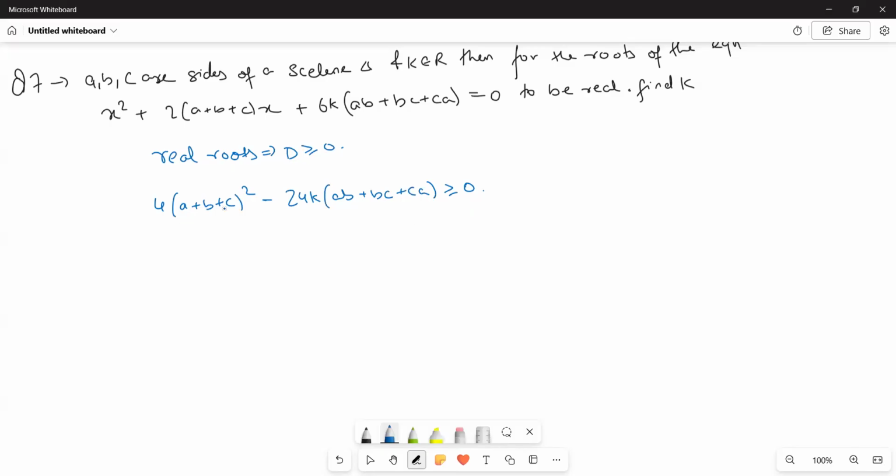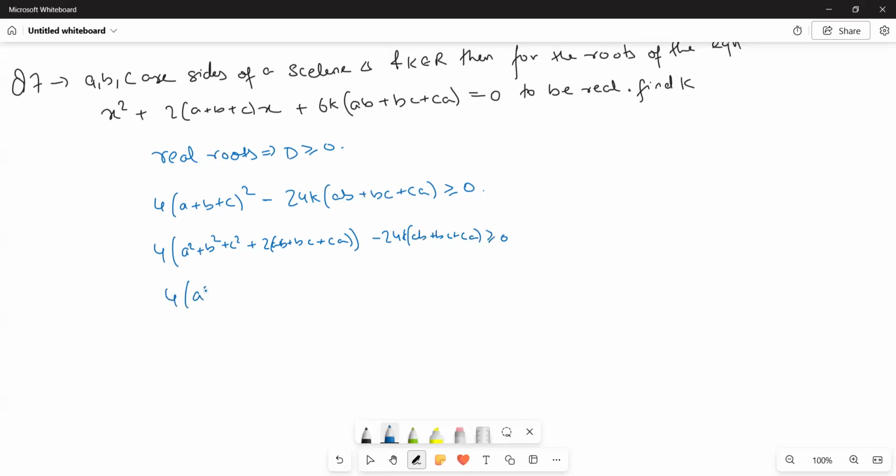But (a plus b plus c) whole square would be like 4 times (a square plus b square plus c square plus twice of (ab plus bc plus ca)) minus 24k times (ab plus bc plus ca) is greater than equal to 0.